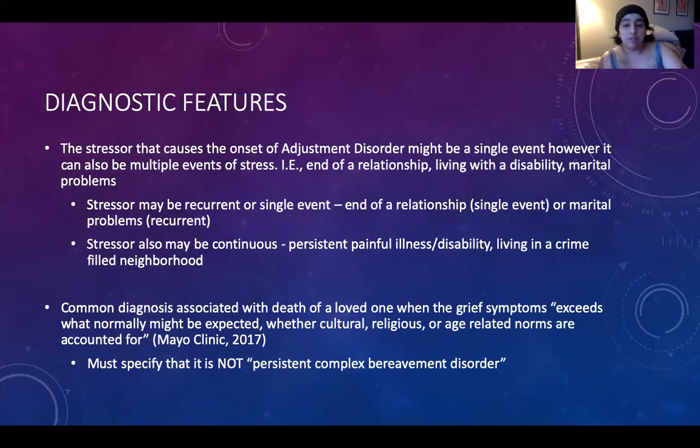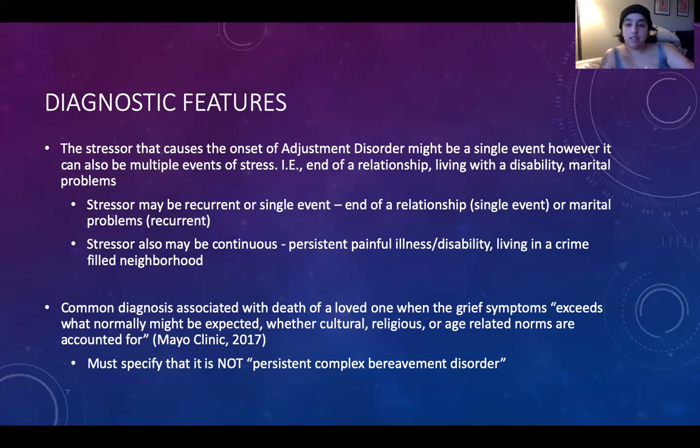The diagnostic features, so just continuing what we were talking about. We also have multiple events of stress. The onset specific to adjustment disorder can either be a single event, a recurrent event, or, different than recurrent, a continuous event.